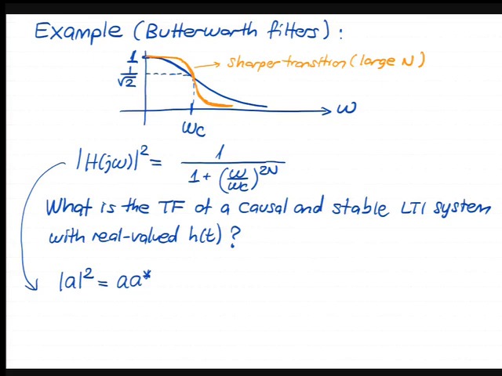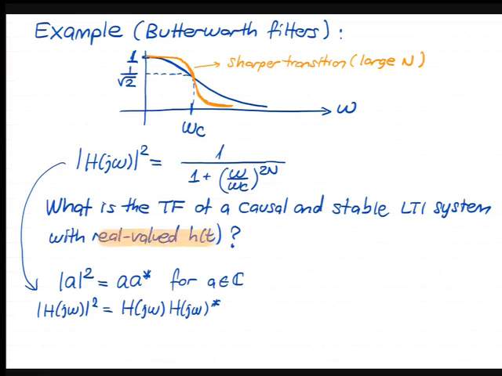For a complex A. So since h of j omega is a complex number, I can write h of j omega squared as h of j omega times h of j omega star. Agree? If you agree to what I wrote about A, that's the consequence of that. Now, knowing that h of t is real valued, what can you say about h of j omega star?